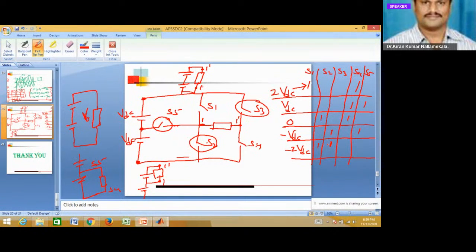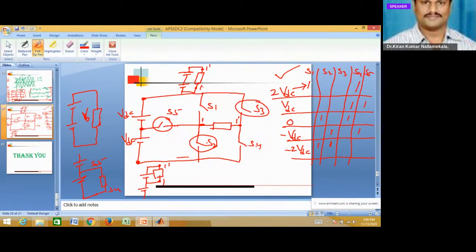So first, for simulating any multi-level inverter, you have to prepare this table. Then based on this table you have to generate the gating signals from sine wave and triangular wave, and then give them to the OR gate to generate the total signal.